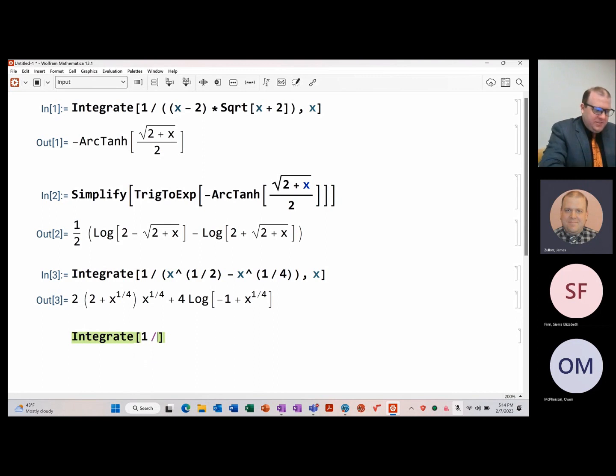One over x times square root x squared is x plus 2, with respect to x.